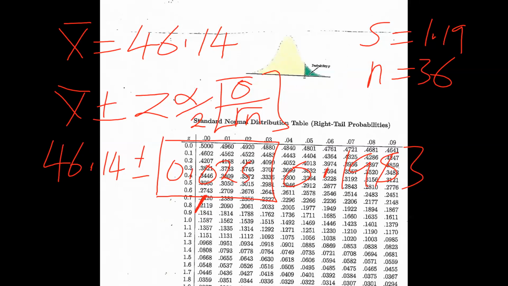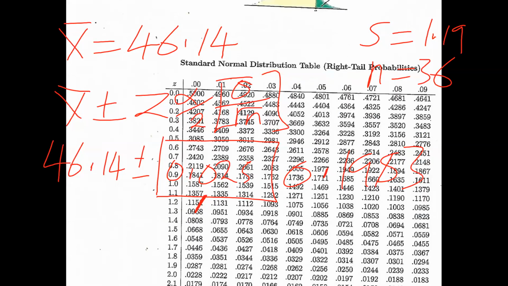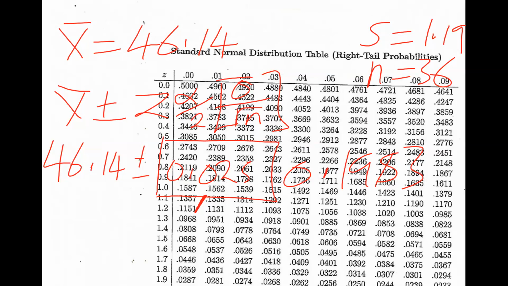You know that alpha sits after the Z value. So this table already gives you the levels of alpha, and we are looking for 0.025. In which line do you think we can find the number 0.025?